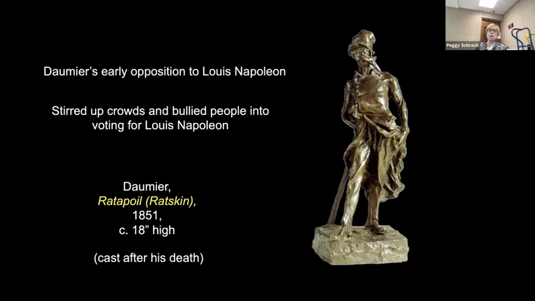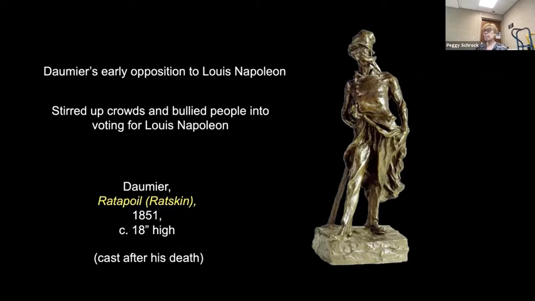They dressed in a certain way, they had a certain swagger. It's highly recognizable in this little sculptural piece, and they were the bully boys. They were a lot like Mussolini's black shirts, who went through the streets and pushed people around. They were the bully boys out on the street that maintained the power. And Louis Napoleon had his Ratapoil, and he's depicting him here.